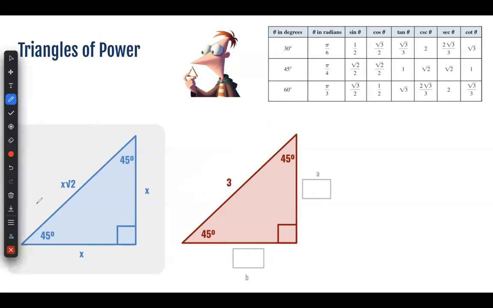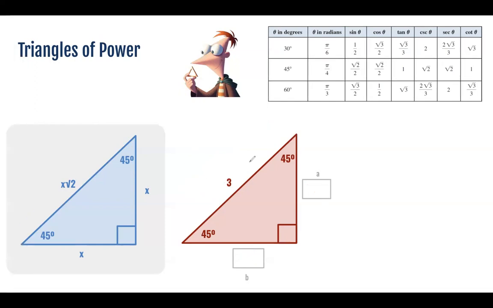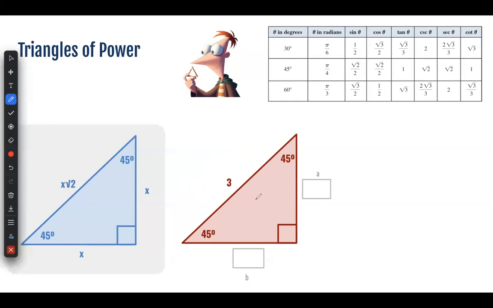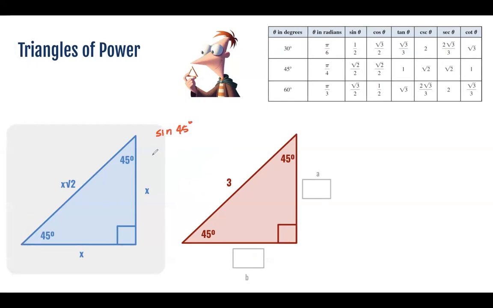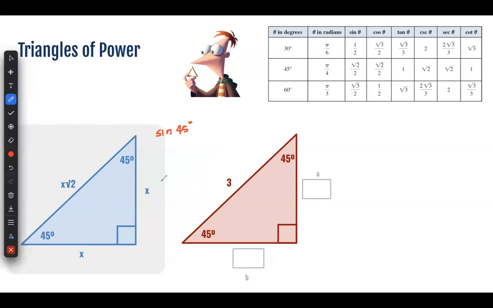Now, the last approach is to simply use sine and cosine. So if you know that sine of 45 degrees is equal to, and let's use the opposite over the hypotenuse, you can change x into whatever value you want.